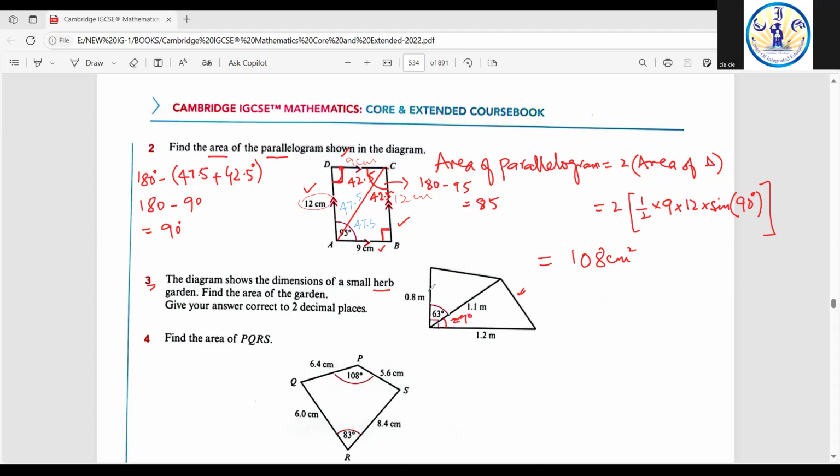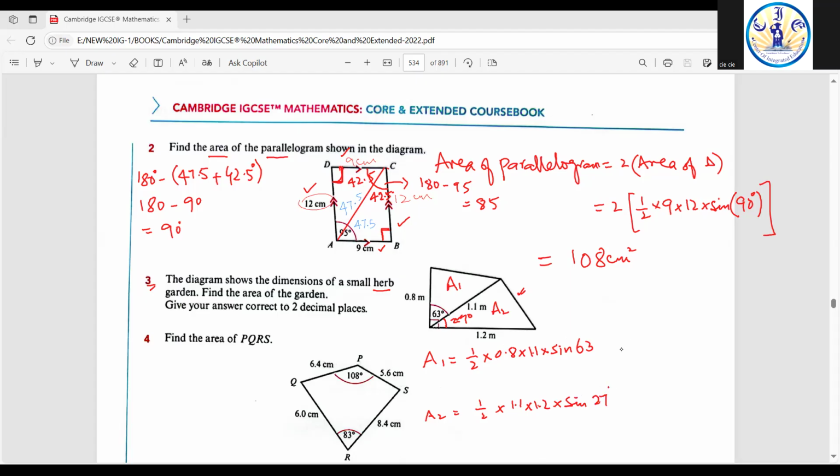So we need to do it in two parts, area 1 and area 2. Area 1 will be equal to half times 0.8 times 1.1 times sine of 63, and area 2 will be equal to half times 1.1 times 1.2 times sine of 27 degrees.